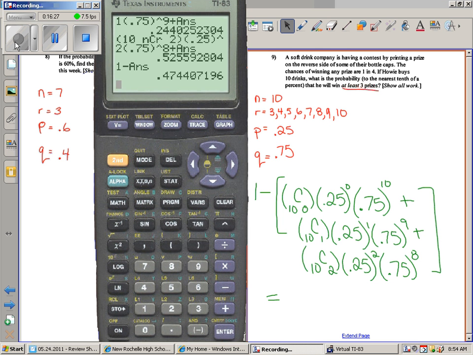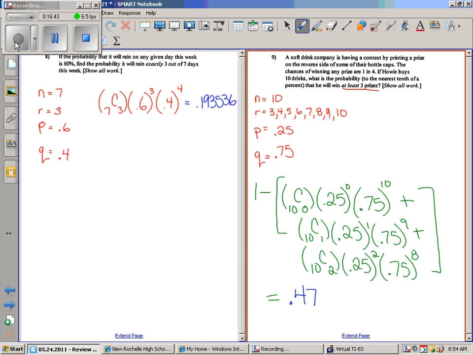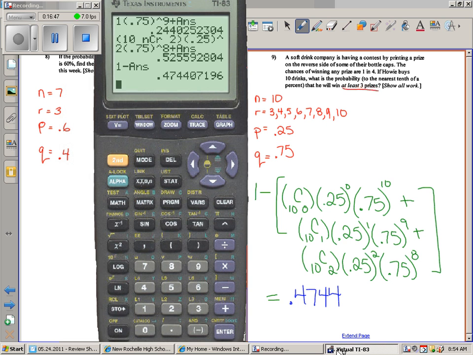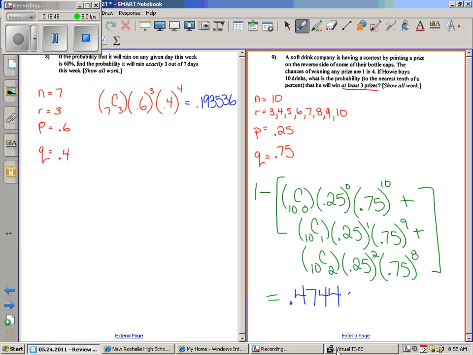So there you go. Is that the right answer from the back? Yeah? So what does it want? To the nearest tenth. To the nearest tenth of a percent. Let's write down the whole thing so people don't get confused about rounding. 47, 44, 07, 196.